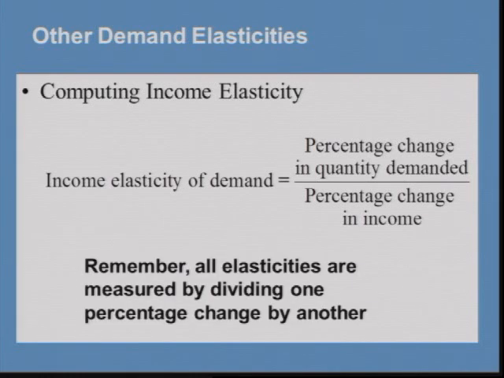Let's go back to normal goods. Even if I didn't give you numbers, let's just think about what would happen to this formula. For a flat screen TV, brand name clothing, things that people usually buy more of when they have more money. Okay. What's going to happen to this formula? People have more money, the percentage change is going to be positive or negative.